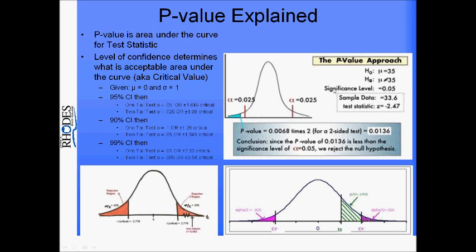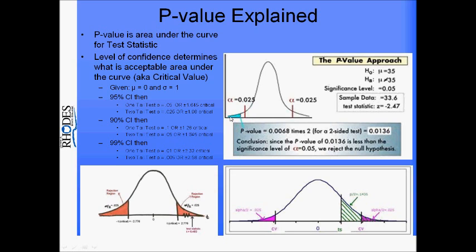Okay, so in these examples here, if your test statistic was minus 2.47, and you needed 90, that's where they drew this little test statistic, right here. The value for p, or area under the curve, is this 0.0136.